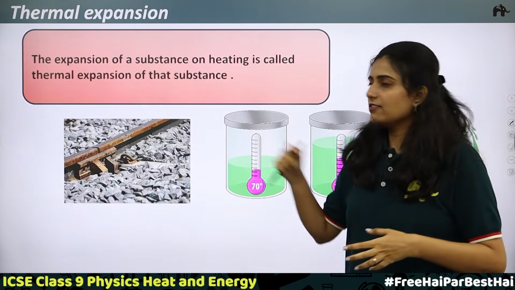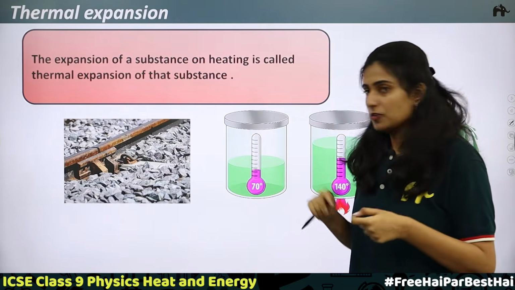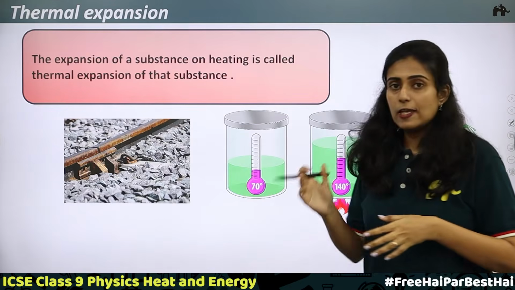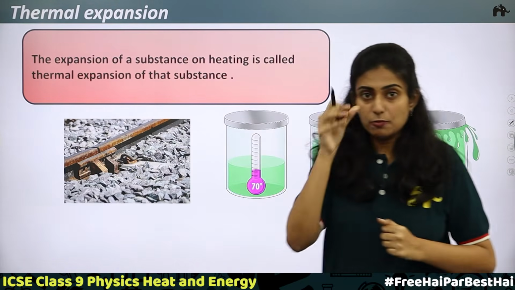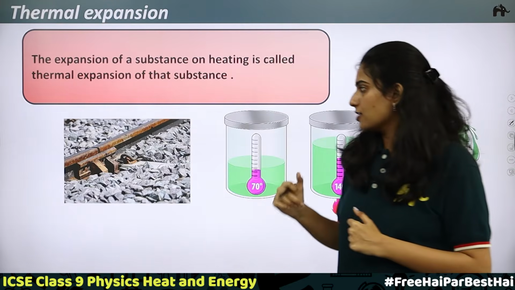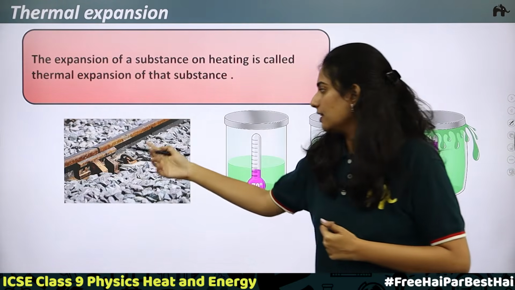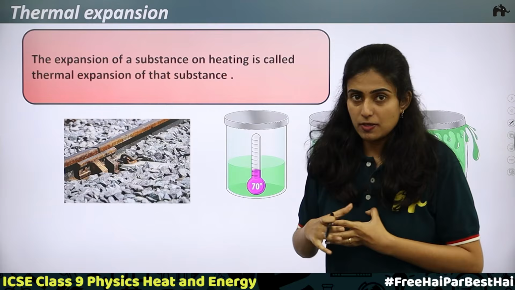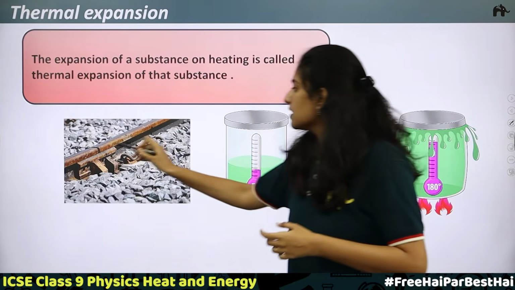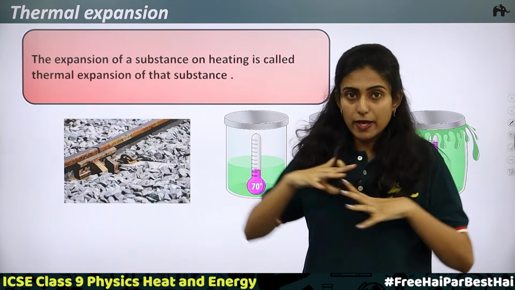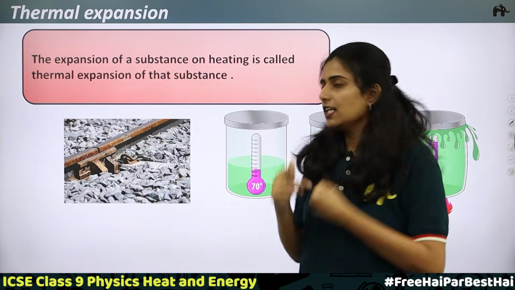Have you ever seen this in the case of a rail? In a railway track, when you check, you will be able to see that between some rails there will be a gap, some space. This is because of thermal expansion of the rail. During the summer season, the size of the rail will start expanding because of taking in heat energy.